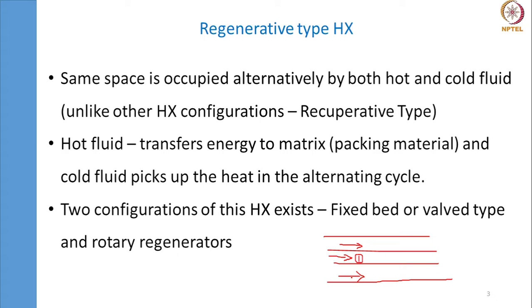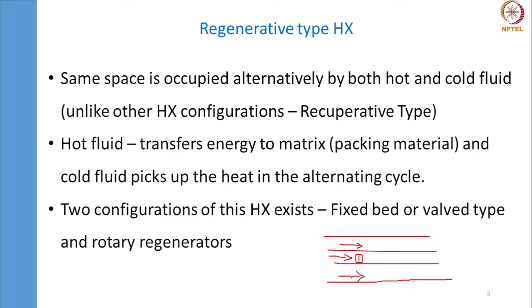If we can recall, there were three configurations of heat exchangers based on flow direction: parallel flow, counter flow, and cross flow. But in these regenerative type heat exchangers, there is no concept of cross flow, because in cross flow we had two different fluids flowing at right angle to each other.